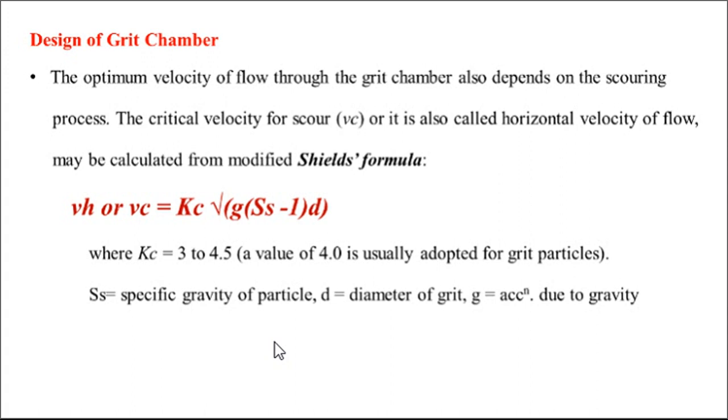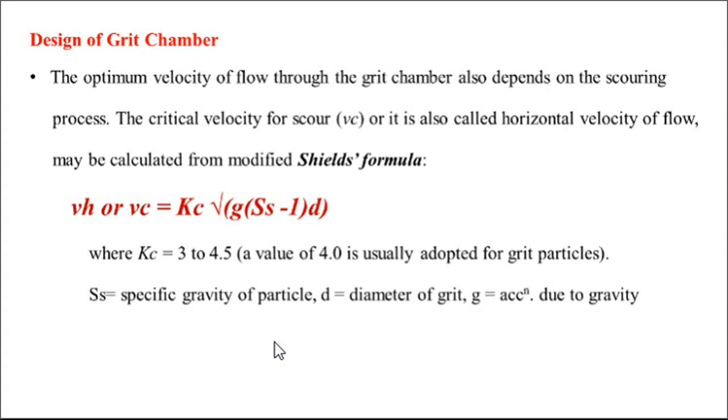So the formula is Vh or Vc is equal to Kc into the square root of g into (Ss minus 1) into d, where Kc is equal to 3 to 4.5 and usually a value of Kc of 4.0 is adopted for grit particles.